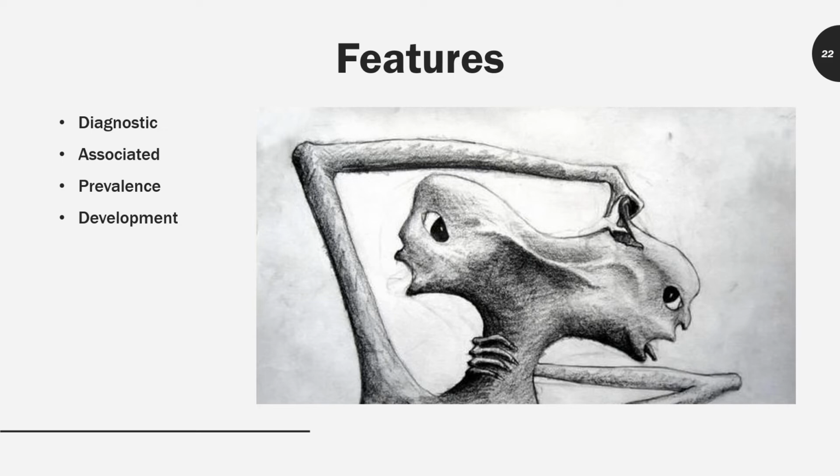Requirements of criterion A and other criteria that are required must be present. You must pay extra attention to important areas of functioning, such as occupational, academic, relationships. Those are hallmarks. Those are really important to look at.